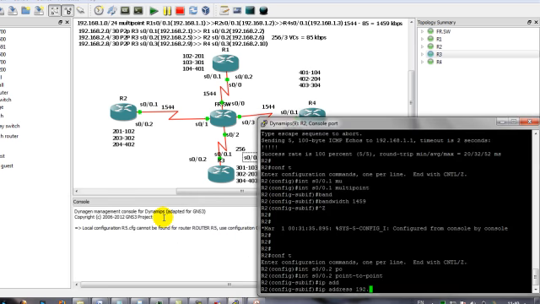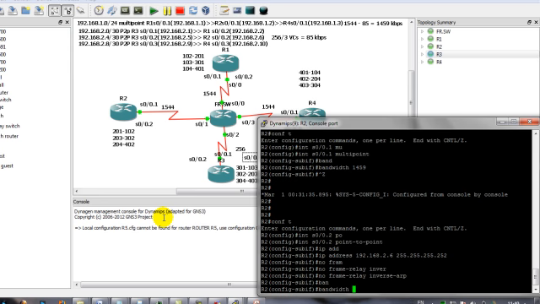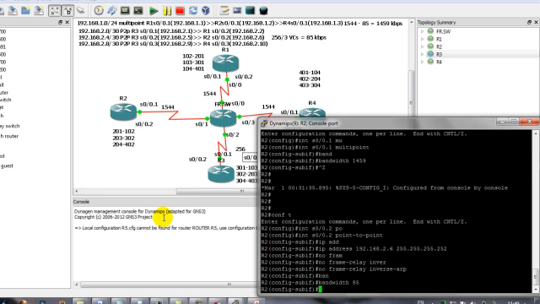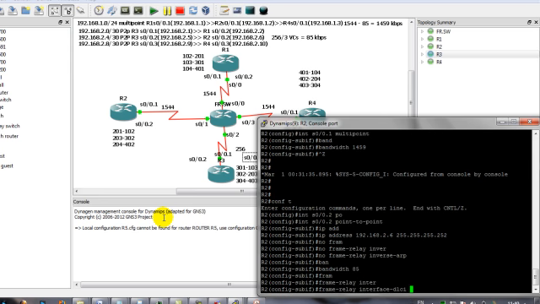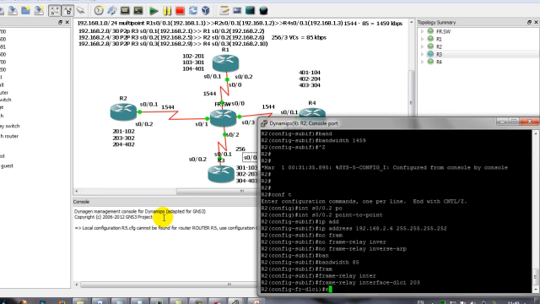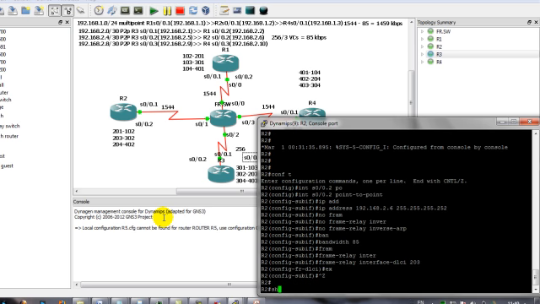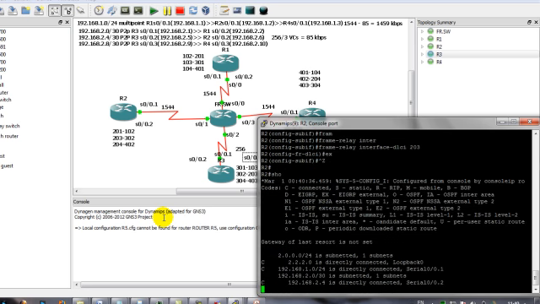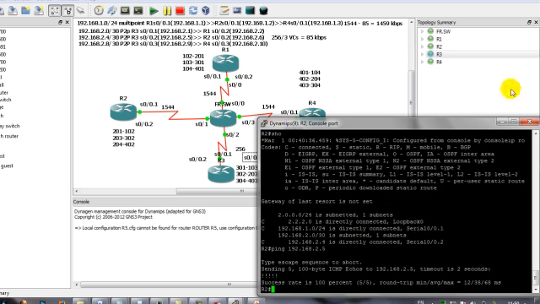No frame-relay inverse-arp. Bandwidth 85. Now frame-relay interface-dlci goes through 203, because this is the DLCI contacting Router 3. Now show ip route. I can ping 192.168.2.5. Yes, that sounds good.